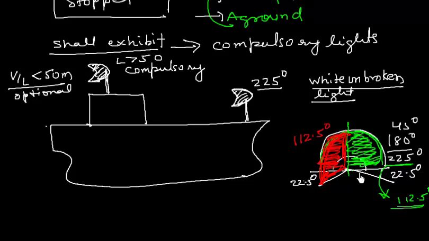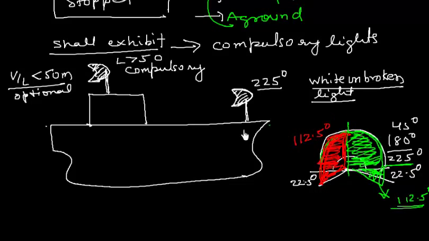Well, the starboard side extends like this, 112.5 degrees. So we can say the side lights are a green light on the starboard side and a red light on the port side, showing an unbroken light over an arc of 112.5 degrees, and so fixed as to show the light from right ahead to 22.5 degrees abaft the beam.